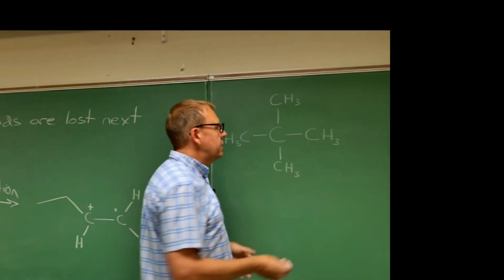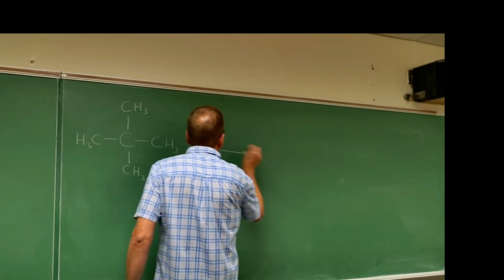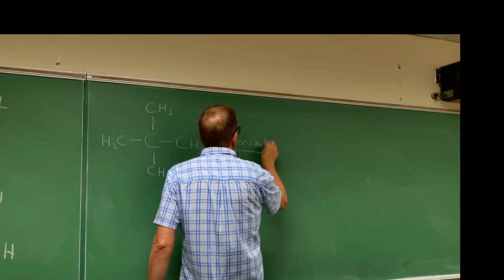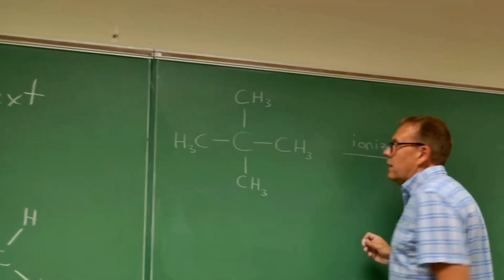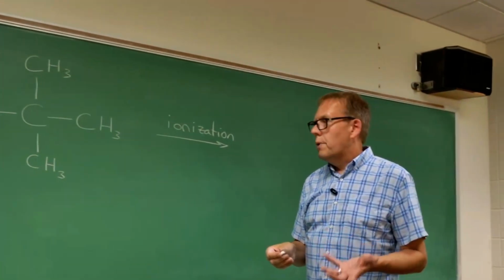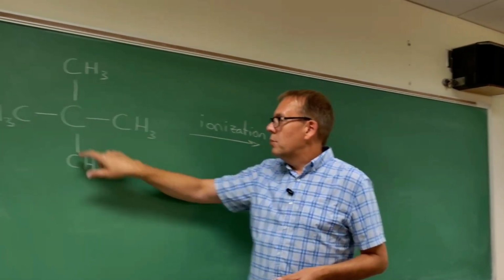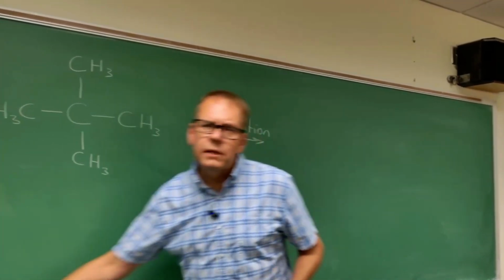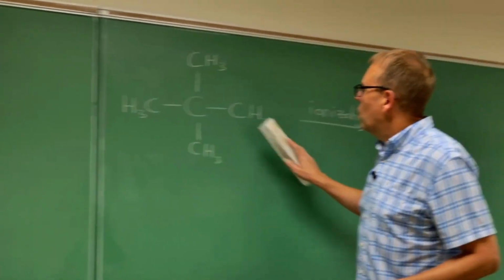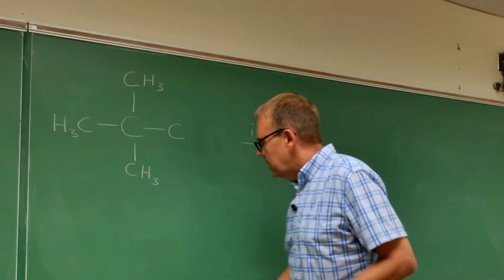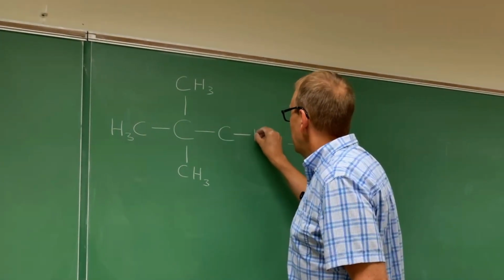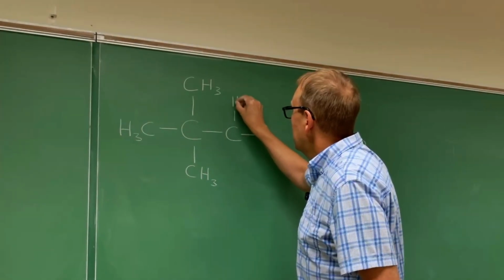And so when this molecule ionizes, it's going to lose an electron from one of the bonds. And I've got carbon-carbon bonds here, and I have carbon-hydrogen bonds too. In fact, what I think I'm going to do is draw out the hydrogens on one of the methyl groups, just so we've got it here and we can look at it.